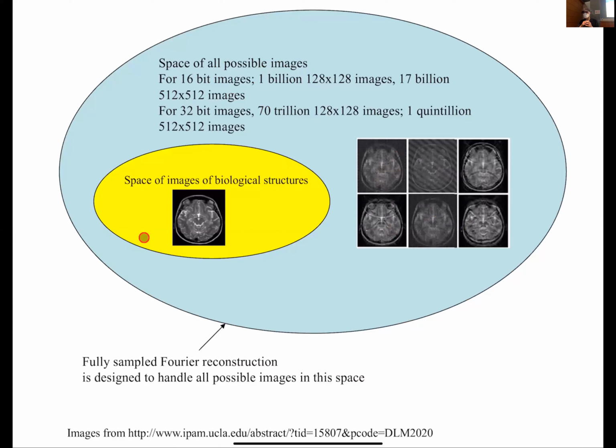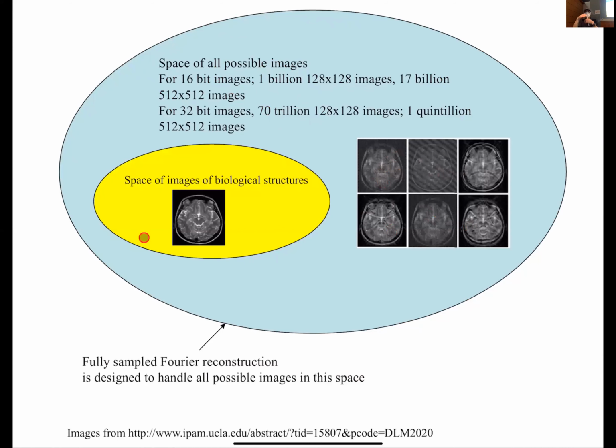So the idea behind compressed sensing and deep learning is, well, I just need to collect enough data, and then I can combine that with my prior knowledge to come up with a pretty good looking image. So I don't have to know everything about it, because there are certain options that can't be the right answer.